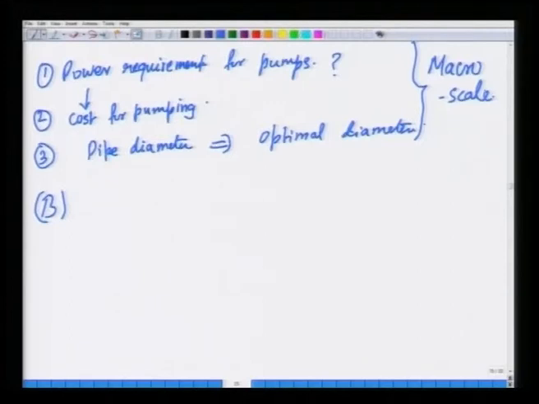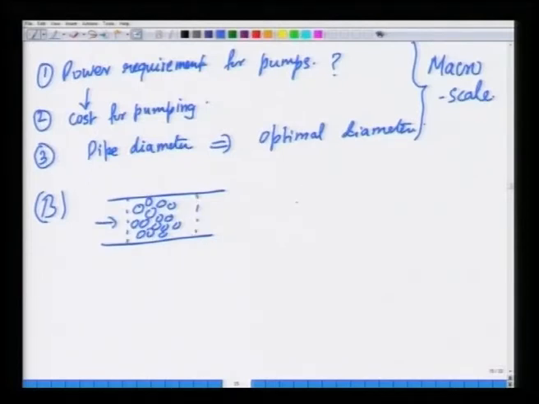Okay. And in another case, the second example I would like to do in this macro scale, you have a packed bed reactor where you have a bed of particles in a column and fluid is flowing. Here again we can ask questions like, what is the delta P, the pressure difference that is required for pumping the fluid inside a packed bed?